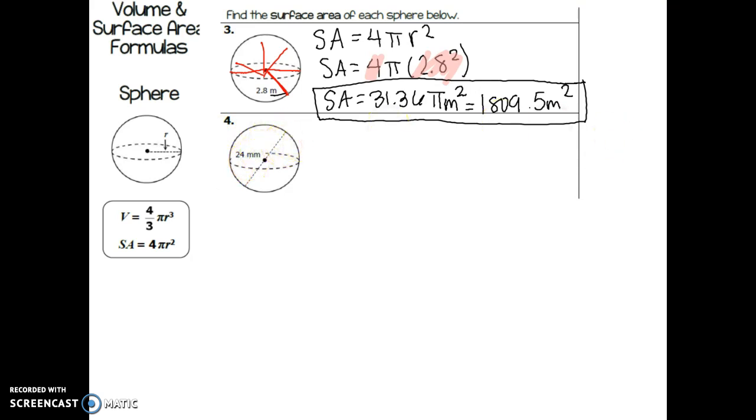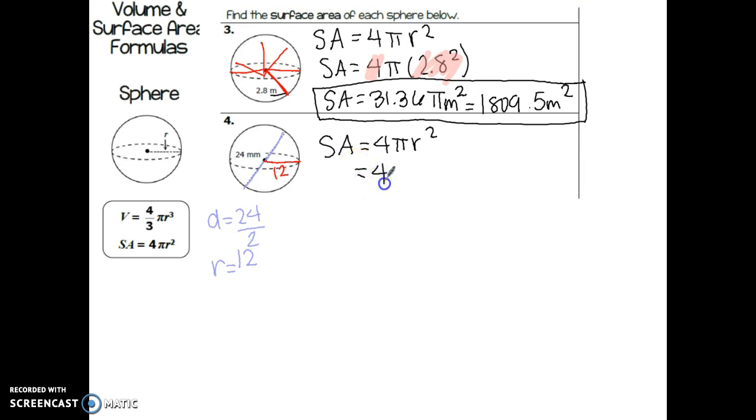For number 4, you are given your entire diameter. So again, anytime you're given the diameter, we take that, divide it by 2, and therefore our radius ends up being 12. So you can actually draw it out if you'd like, but that would be our radius, and that is 12. So back to our equation, SA is equal to 4 pi r squared.